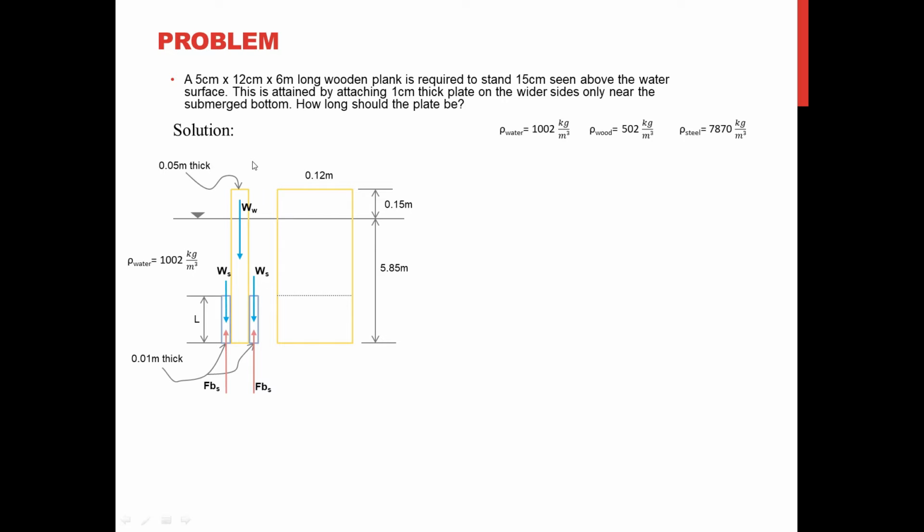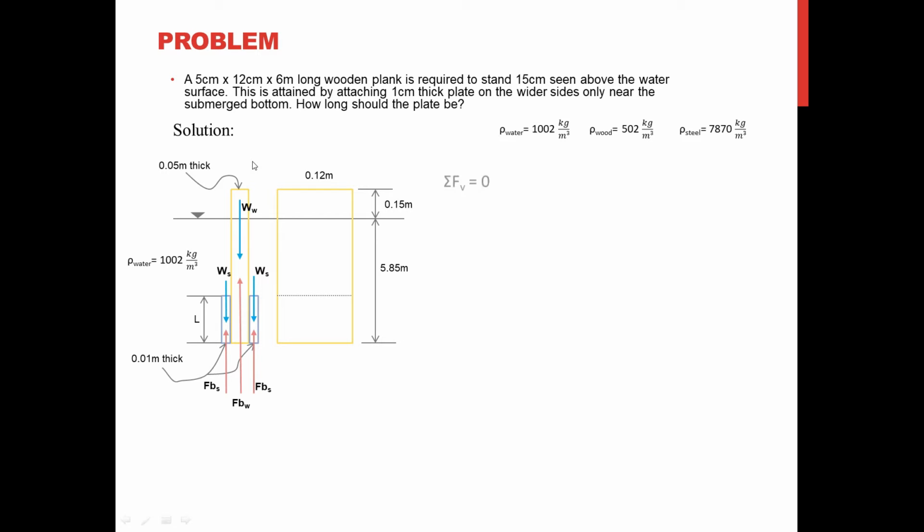For the steel, we have the whole volume submerged, and that would have a corresponding buoyant force for the steel, say denoted by FB of steel. And the 5.85 length portion of the wooden plank has also its corresponding buoyant force.